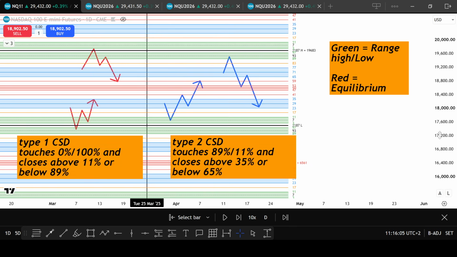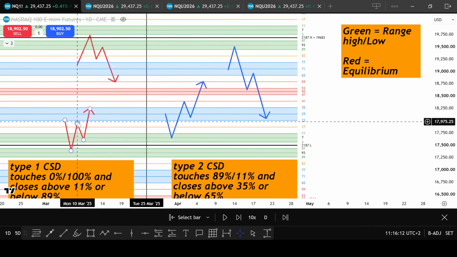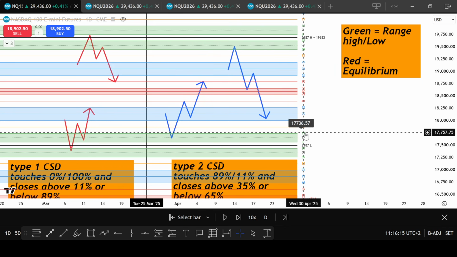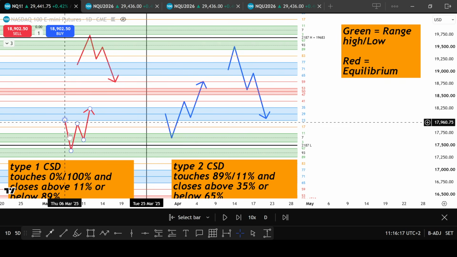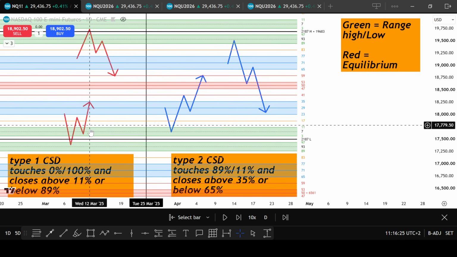This is the range low. Here we have the 0%. We touch the 0%. The candle then closes above the 11, which is noted here. And once that confirmation is in, so touch the 0, close above the 11%, our type 1 CSD is in, and you expect this entire green zone here to hold.